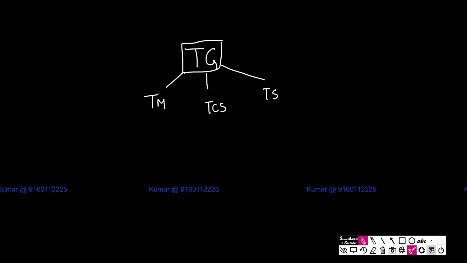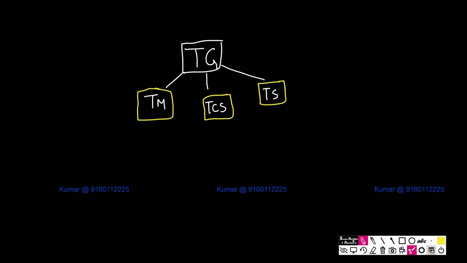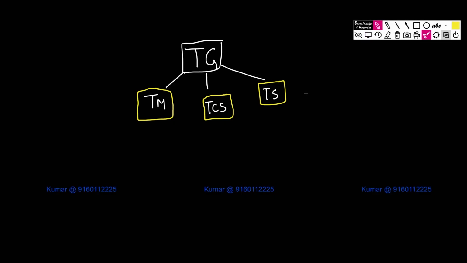So three company codes are there. Tata Motors sells cars. TCS does services. Tata Steel manufactures raw material like steel products, iron products.